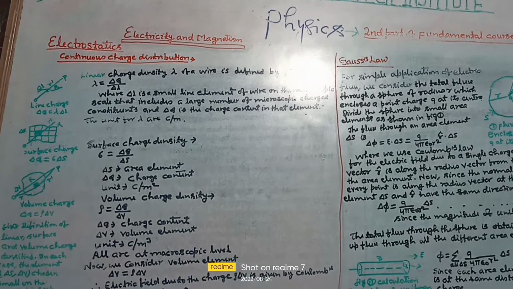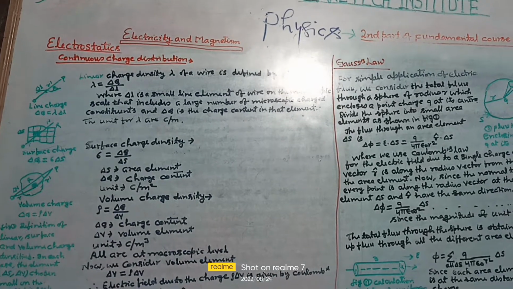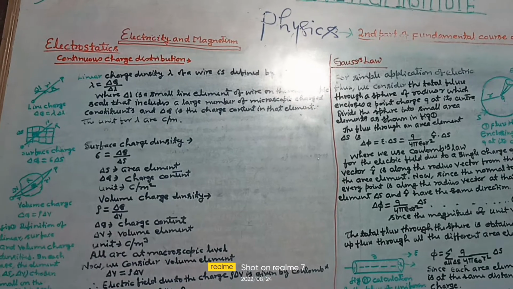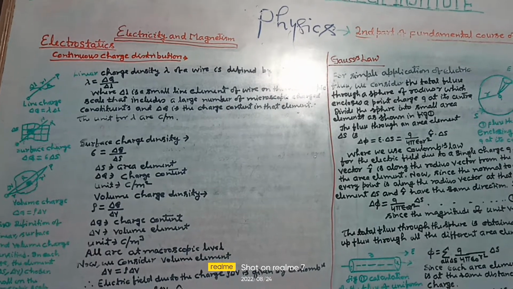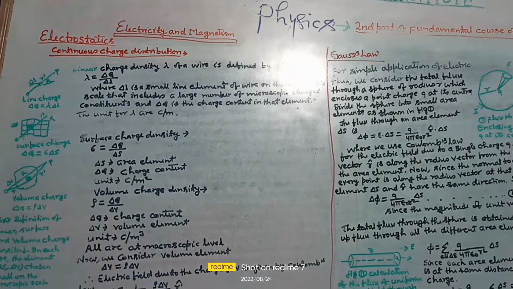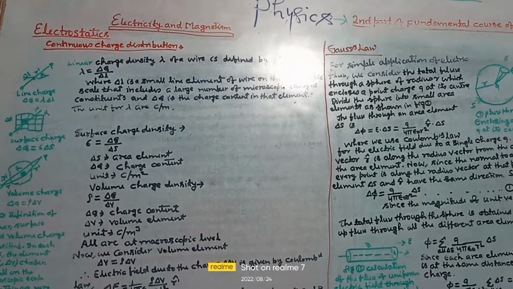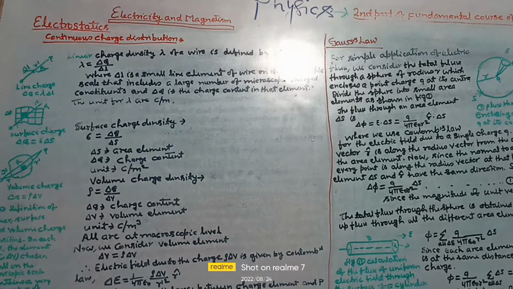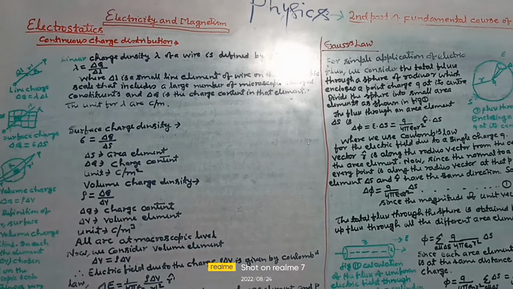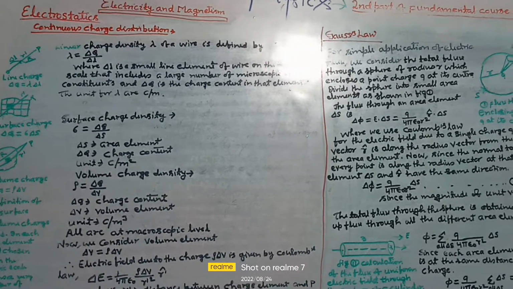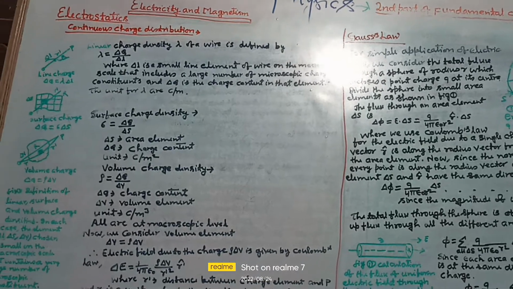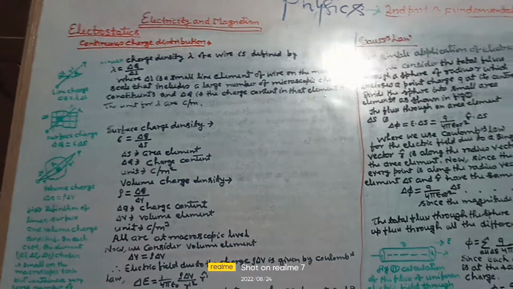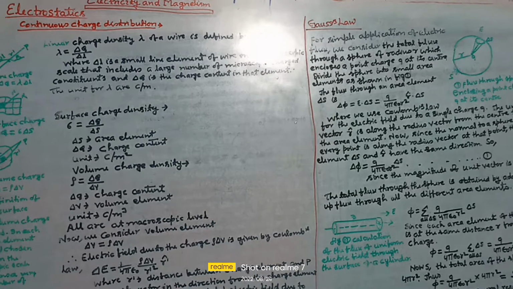Volume charge density rho equals delta Q by delta V. Delta Q is the charge content, delta V is the volume element, and the unit is coulomb per meter cube. All are at macroscopic level, but the element and charge constituents are at microscopic level.